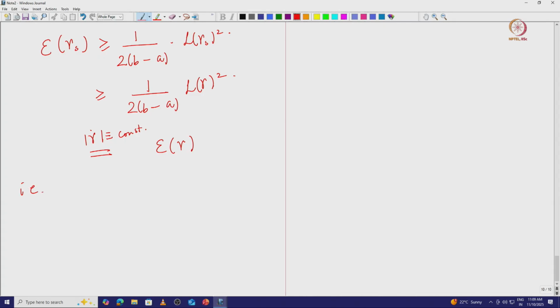In other words, gamma is a local min for the energy, at least along this one parameter variation capital gamma.